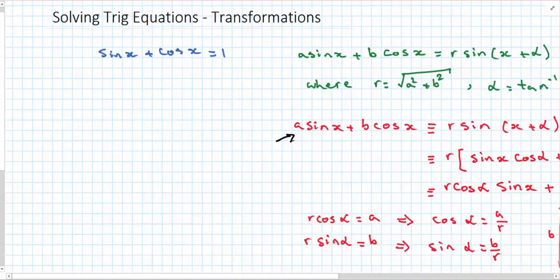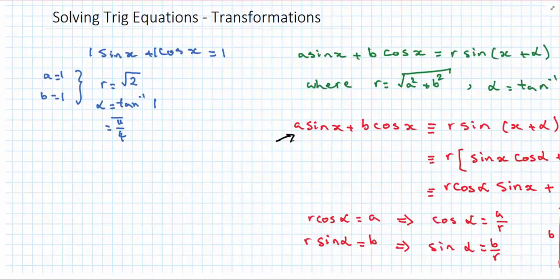In this case, the coefficient of sine is 1, the coefficient of cos is 1. So my a is 1, my b is 1. Therefore, r is the square root of 1 squared plus 1 squared, that would make it root 2, and alpha is inverse tan of 1 on 1, and we know again tan of pi on 4 is 1.